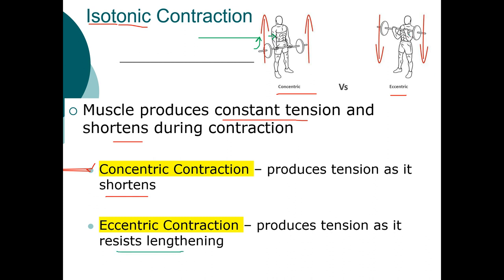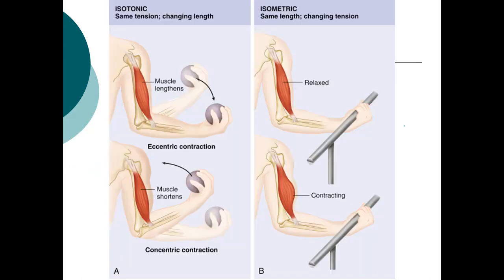That would be when this guy is taking that weight and bringing it down, that biceps brachii muscle is lengthening. That would be the eccentric contraction. You can see here in the picture the difference between isotonic and isometric. And within isotonic, you have the eccentric, which is the muscle lengthening, and then you have the concentric, which is the muscle shortening.